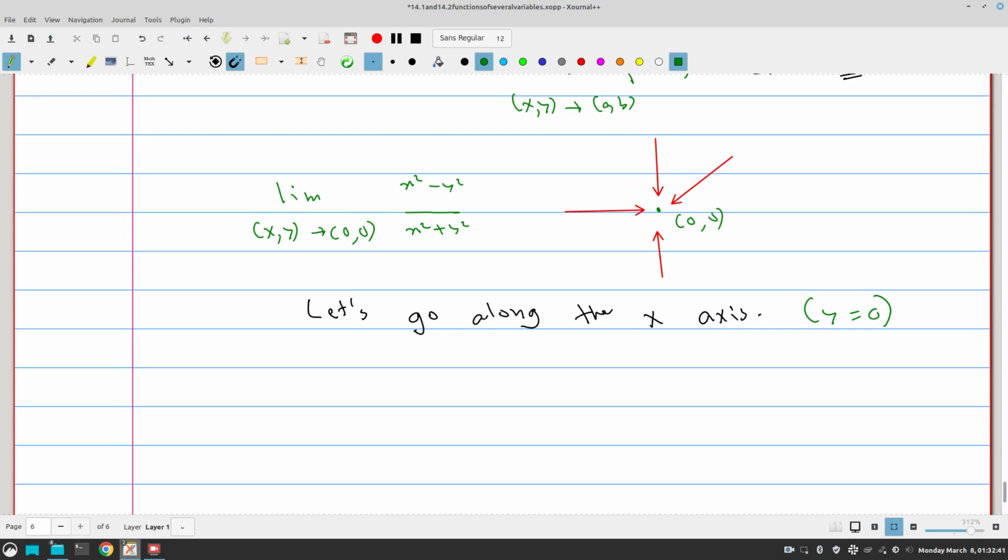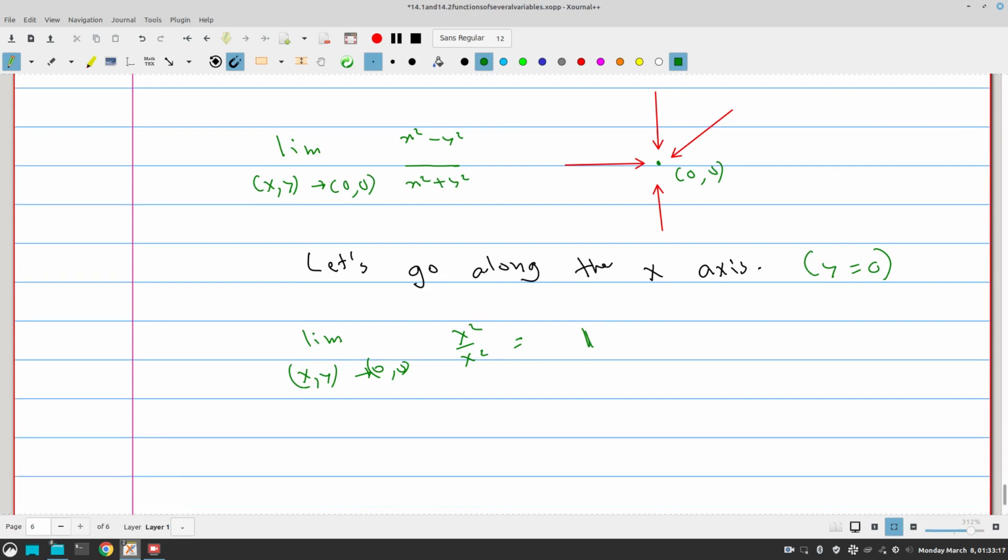So this is equivalent to finding the limit as x goes to 0 of f of x, 0. When y is equal to 0, this is x squared by x squared, which gives you 1.